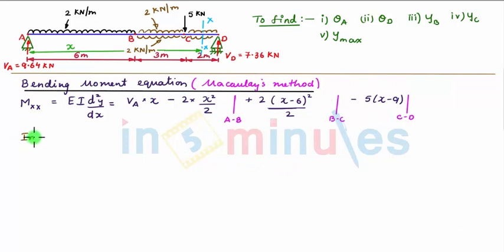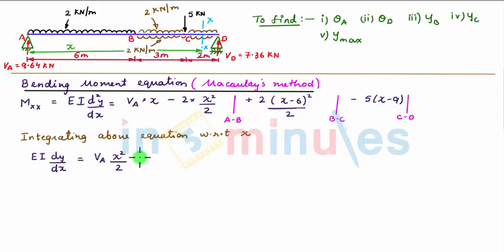Now integrating the above equation with respect to x, we have EI into dy by dx is equal to VA into x square by 2 minus 2 into x cube by 2 into 3 plus C1, where C1 is a constant of integration.